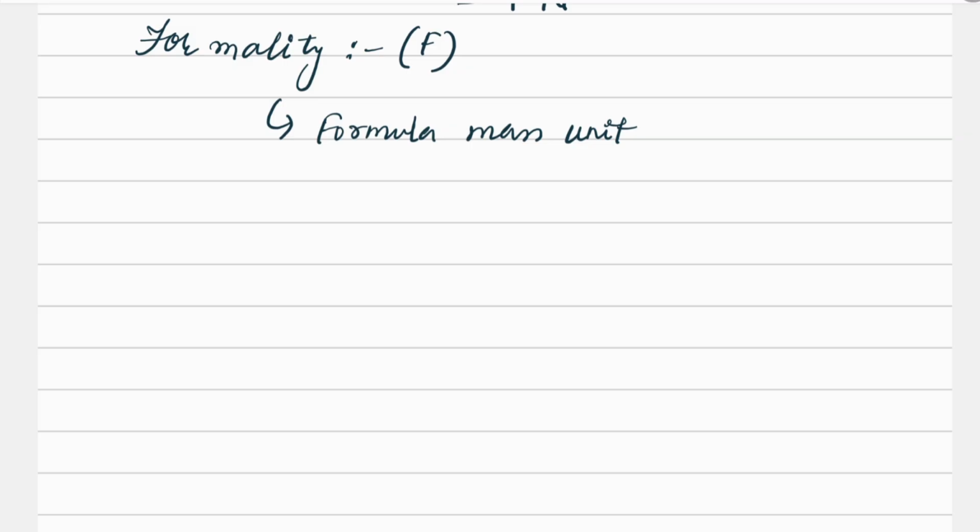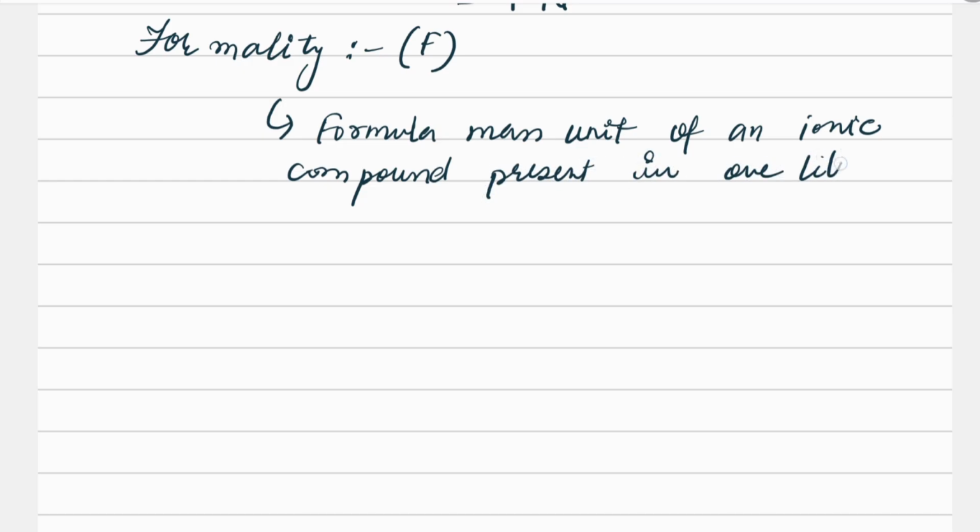So that formula mass unit of an ionic compound present in 1 liter of solution. Once again, this is very simple, and we are talking about number of formula mass units.